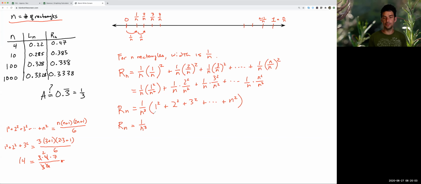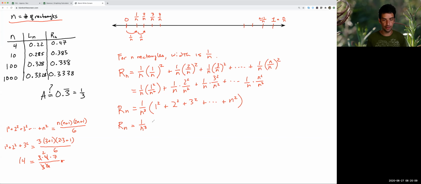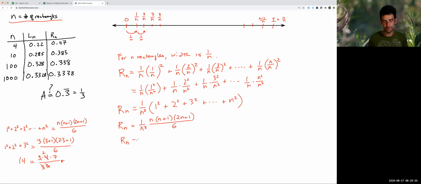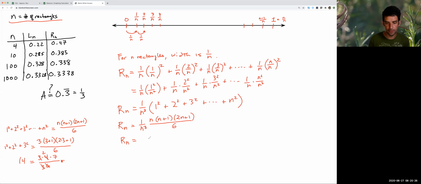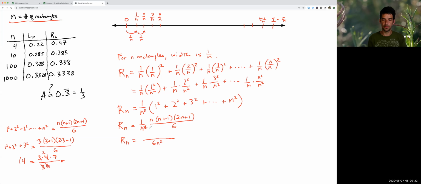So I can substitute this formula in for this piece I have in the parentheses. The sum of the first n squares is n times n plus 1 times 2n plus 1 over 6. We can expand this formula and write it as, let's do a couple things. I can cancel an n with this n out front, so my denominator becomes 6n squared, right? Canceling this 3 with this.